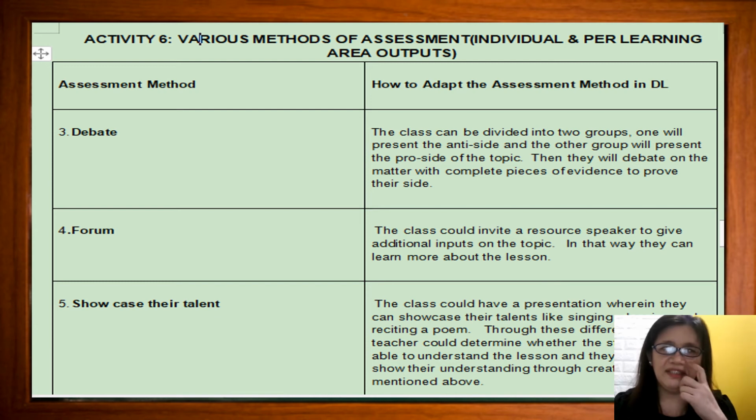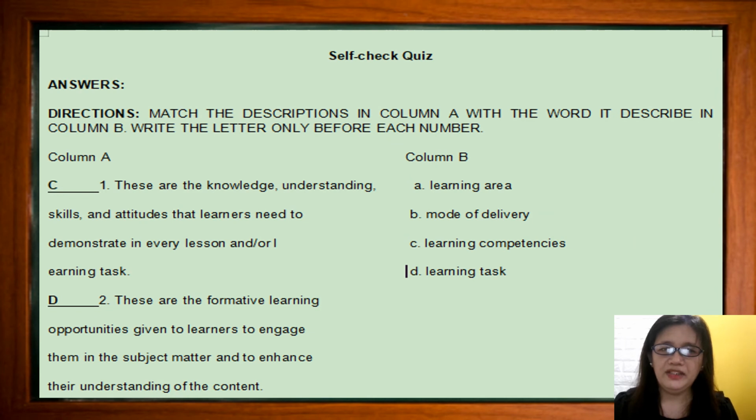So if they're good in singing, dancing, or writing poems, but take note that it should be in connection with the topic, especially in the subject. And then there's a self-check quiz.